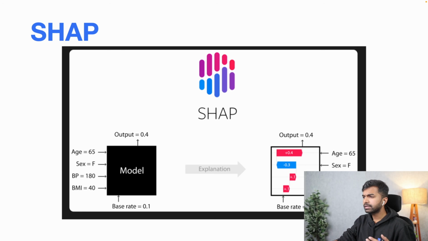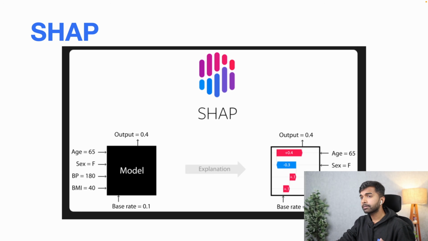So for example, here there is a prediction of 0.4, and the impact of each feature is such that BMI adds 0.1, BP adds 0.1, sex subtracts 0.3, whereas age adds 0.4. Okay, so that is how Shapley can give you a feature by feature explanation of why you're getting a particular result.